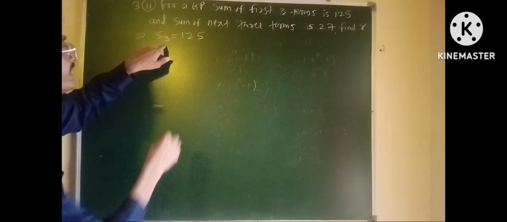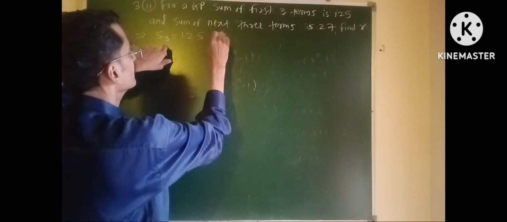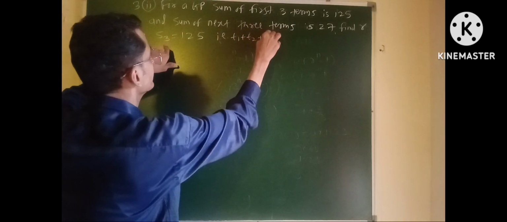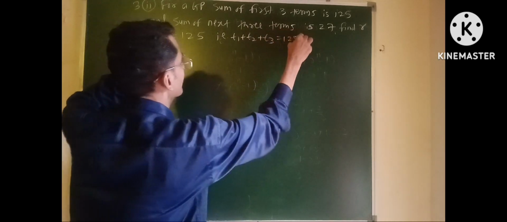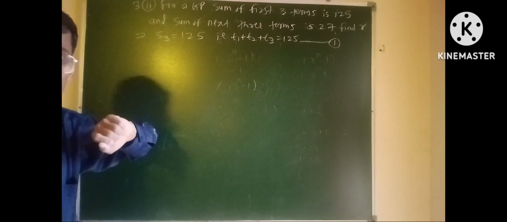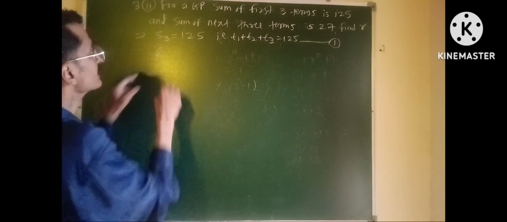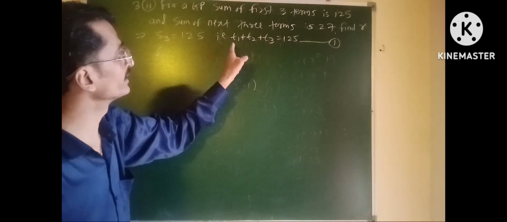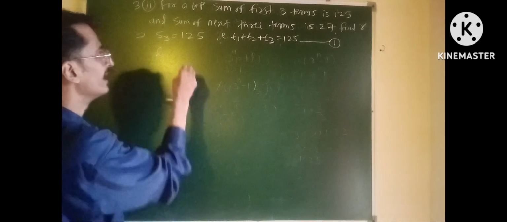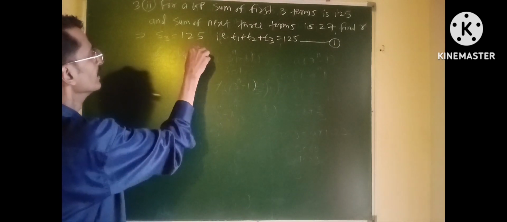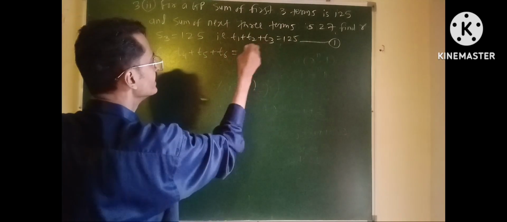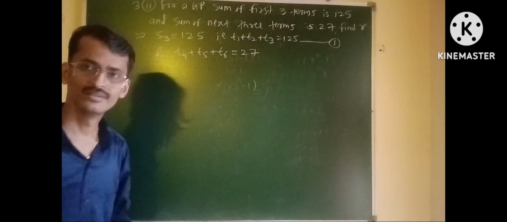So like here S3 we can write as T1 plus T2 plus T3 is 125. Let us write equation 1. The sum of the first 3 terms is 125. And the sum of the next 3 terms. So T1, T2, T3 are the first 3 terms. Now the next 3 terms are T4, T5 and T6. So this sum of the next 3 terms is 27.